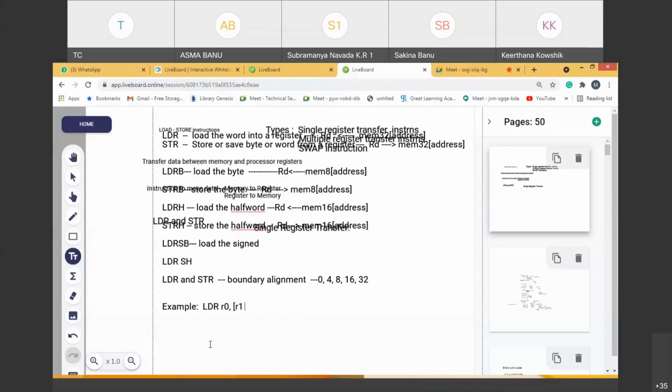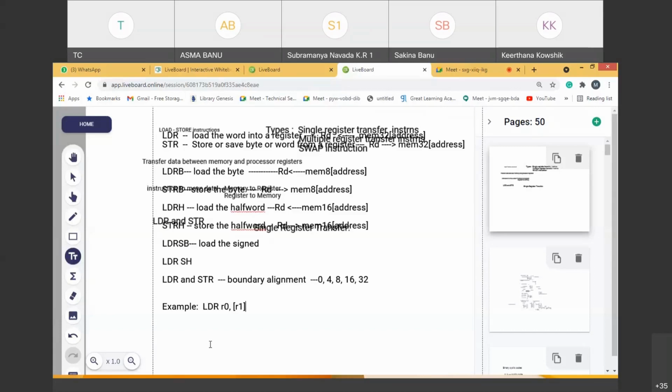Please understand, LDR always refers to a memory address. But where is the memory address here? In the instruction, R0 always refers to the destination register, followed by the memory address. This represents the memory address contained in the register R1. That is what you are passing.